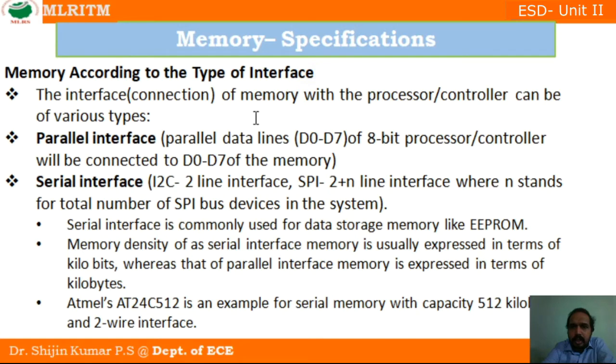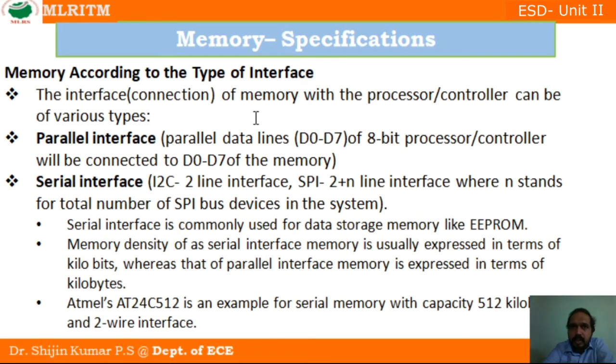Normally the buses are parallel interfaces. Parallel interface means at once we transmit or receive 8 bits. Based on the processor, it can be 8 bits or 16 bits or 32 bits or 64 bits.